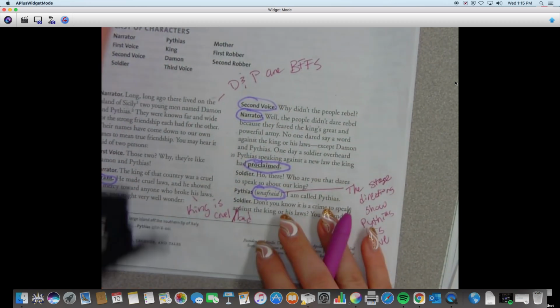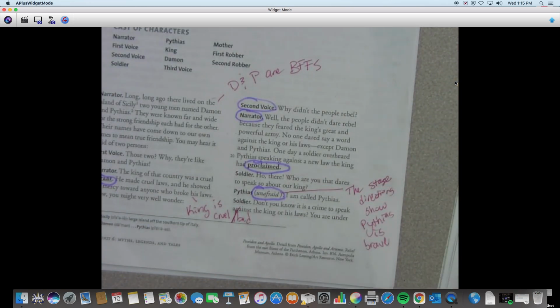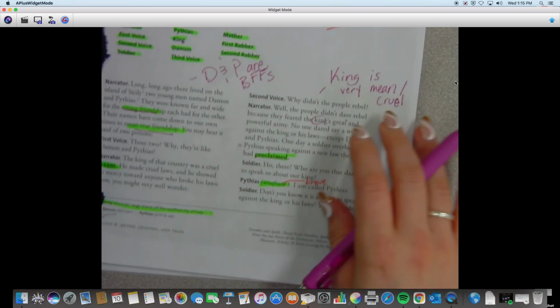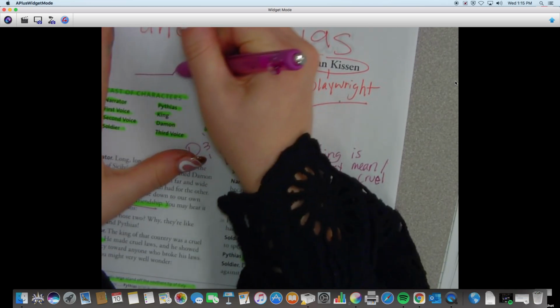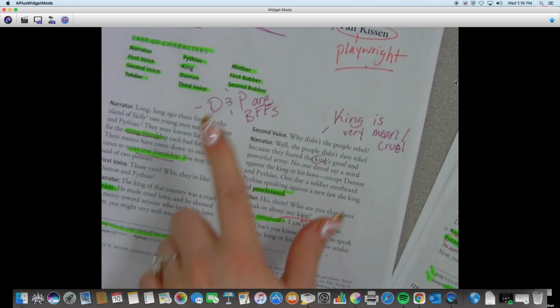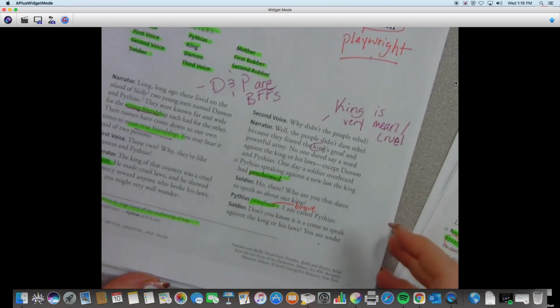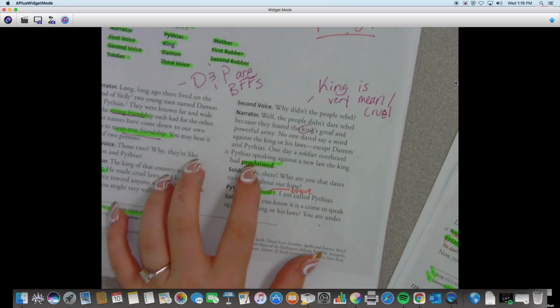So I know from looking at my chunks and what we chunked in the beginning of the story that the king is cruel and evil, and we know that Damon and Pythias are BFFs. Okay, so that's basically what happens in the beginning of the story, right?